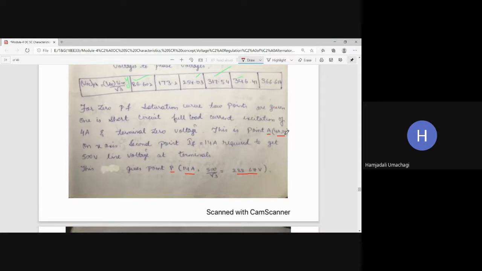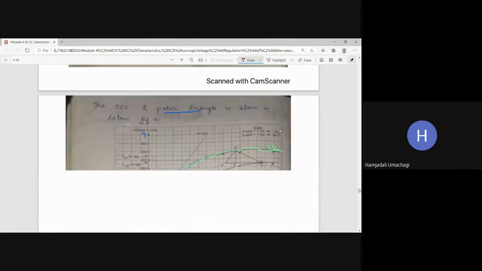Point A means 0 volt, and 0 volt means the baseline of the x-axis. The corresponding excitation is 4 ampere. This is my voltage line, where 0 is the 0 volt, and the required excitation is 4 ampere. So this is my first point, point A, with 0 volt and 4 ampere excitation.